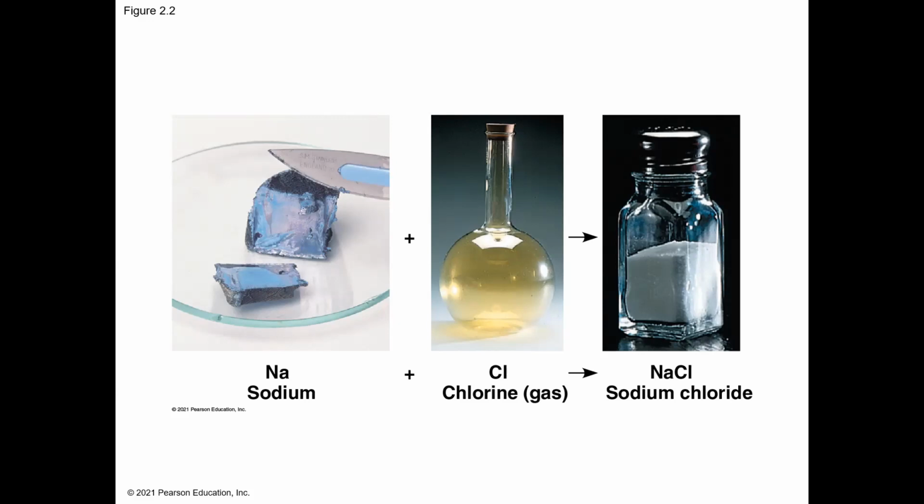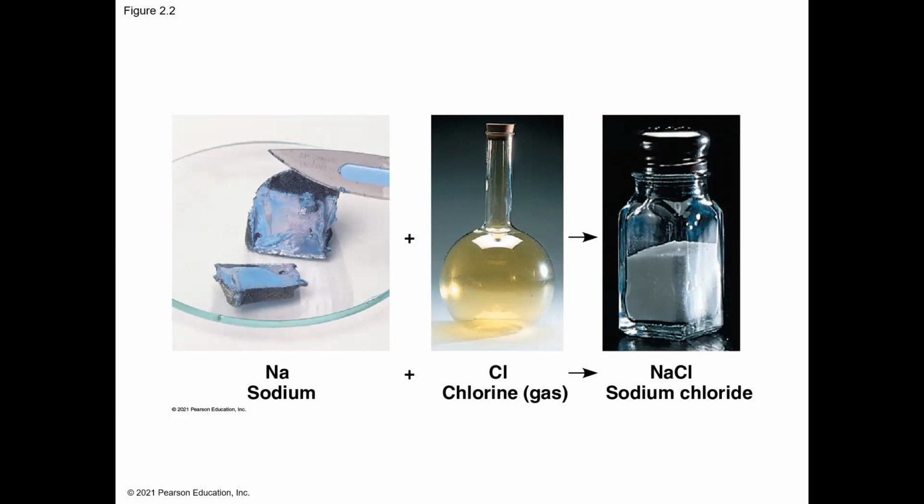And you may know of chlorine as mustard gas, which is unfortunately nefarious from the world wars and its use against soldiers and people. But chlorine gas, in its pure form, will kill you.